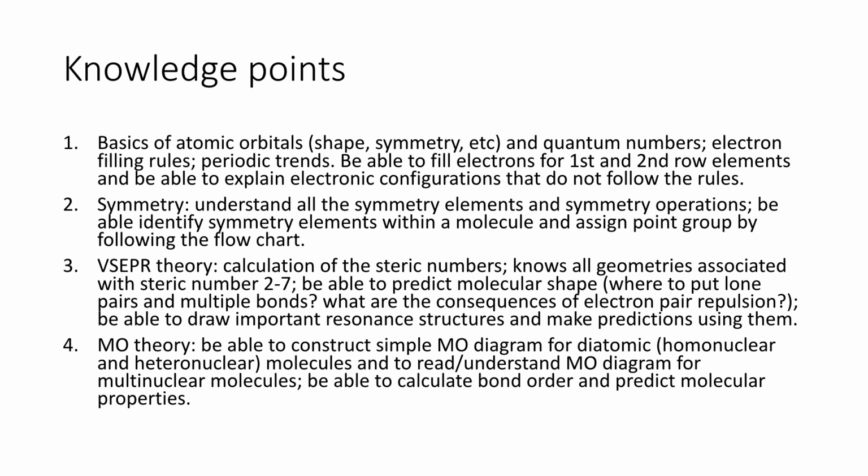So there are basically four chapters that we covered in the past month. The first part we covered is basic quantum mechanics, atomic electronic structure. In this section, my expectation is that you understand and remember the basic concepts and properties of atomic orbitals.